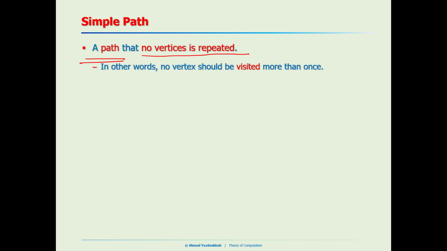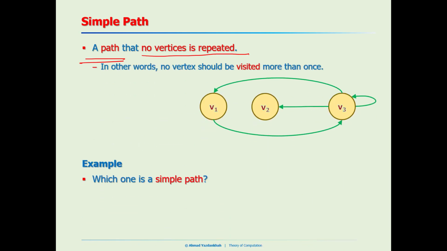How about simple path? A simple path is a path, first of all, but no vertices should be repeated. Or in other words, every vertex should be visited only once. Let me take an example. Is this a simple path?